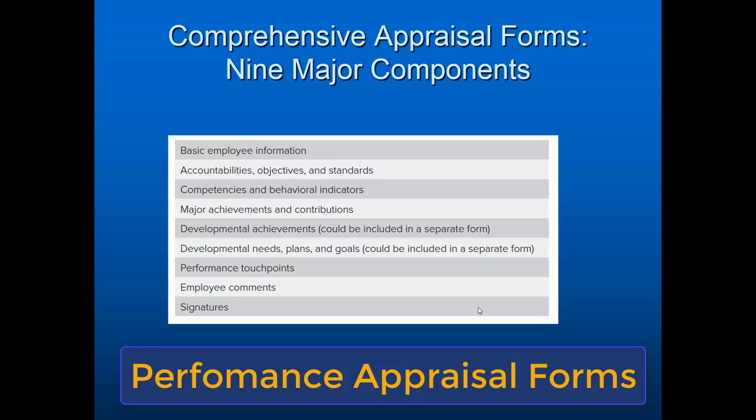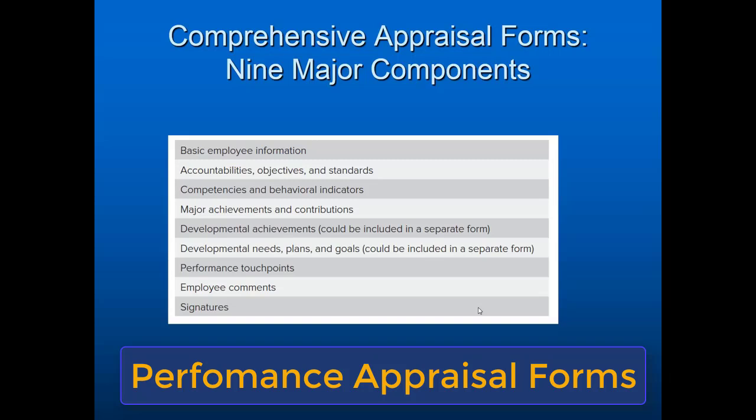Now, performance touch points refers to the fact that you might have multiple people involved in evaluating a person. So you might, for instance, include customer feedback or internal customers or peers, or the person that you're evaluating might have subordinates.